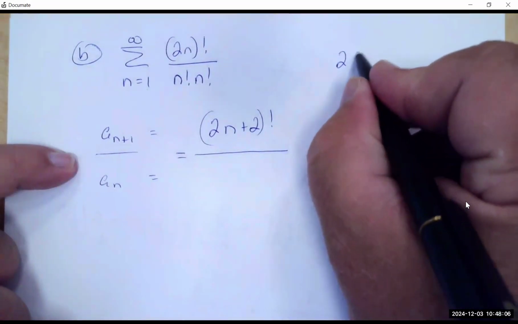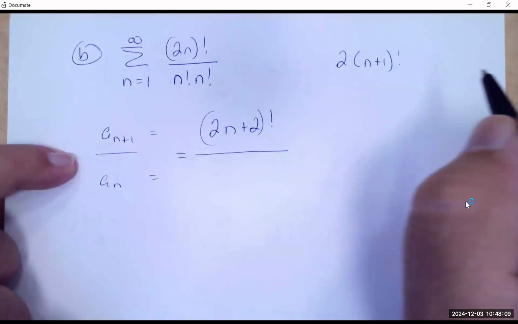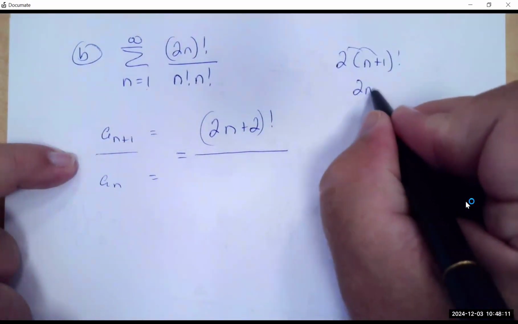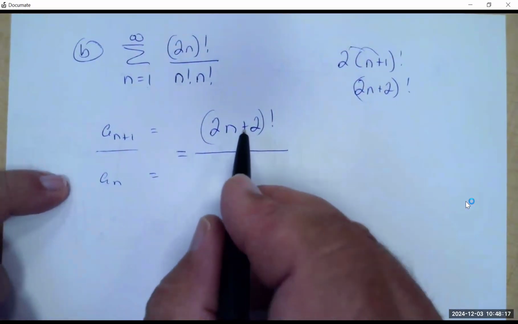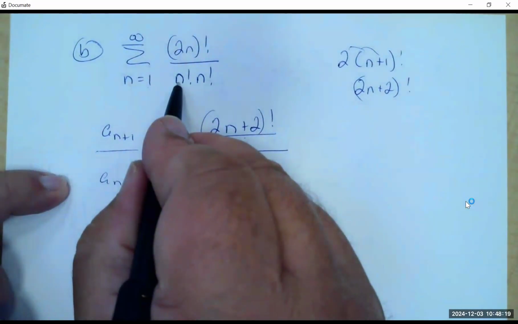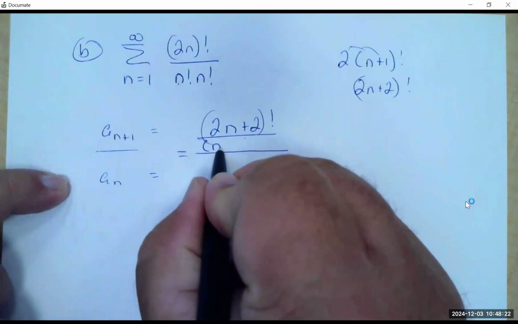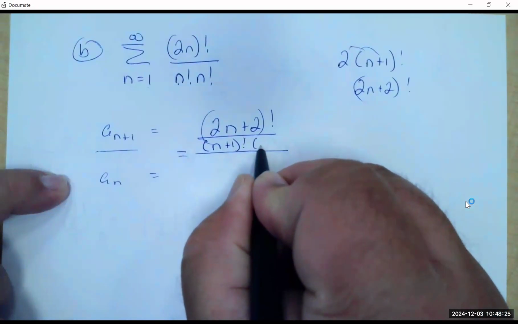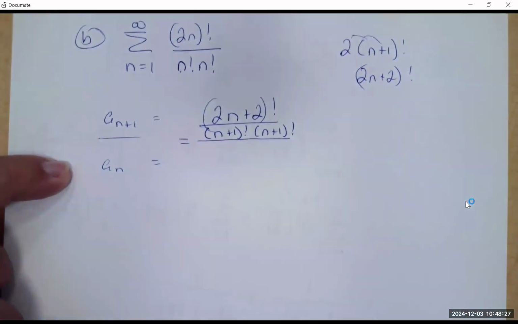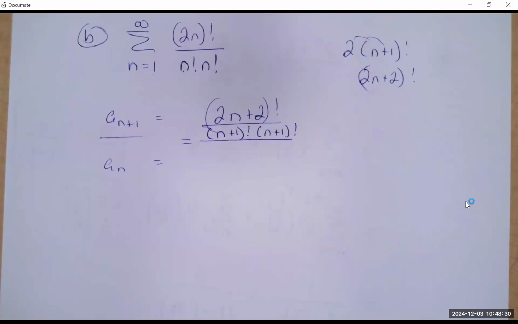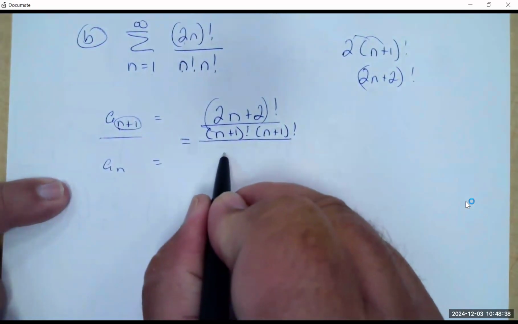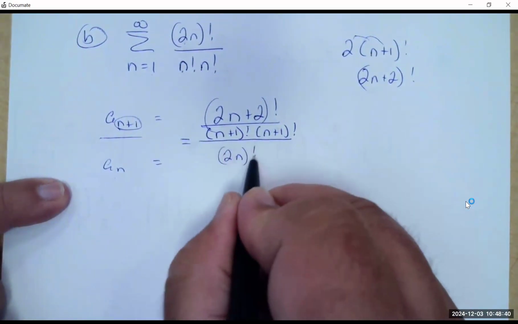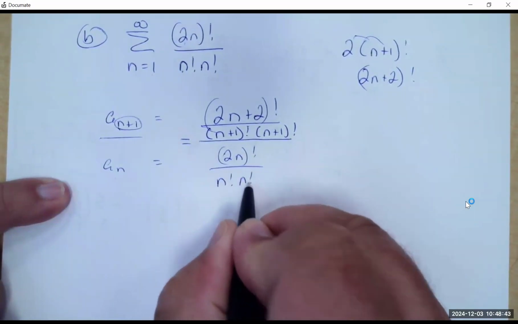Because if I made n plus 1, then it's 2n plus 2. That's 2n plus 2. What happens to the bottom here? N plus 1 factorial, n plus 1 factorial. That's the top, because I add 1 to each n. On the bottom, it is what it is. So it's 2n factorial, n factorial, n factorial.